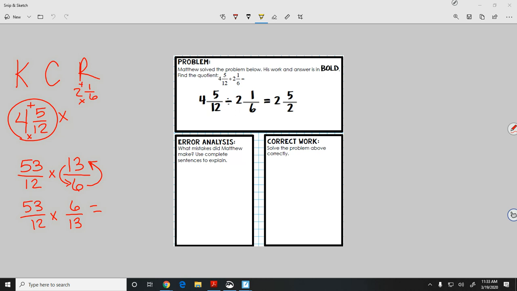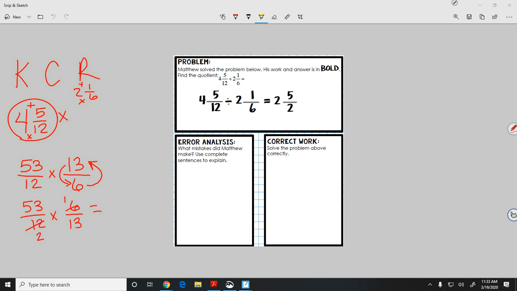I know that 6 and 12 are easy, so 6 will go into 12 2 times, and 6 will go into 6 1 time. So now I have 53 halves times 1/13. Is there anything that will go into 53 and 13? I don't think there is.